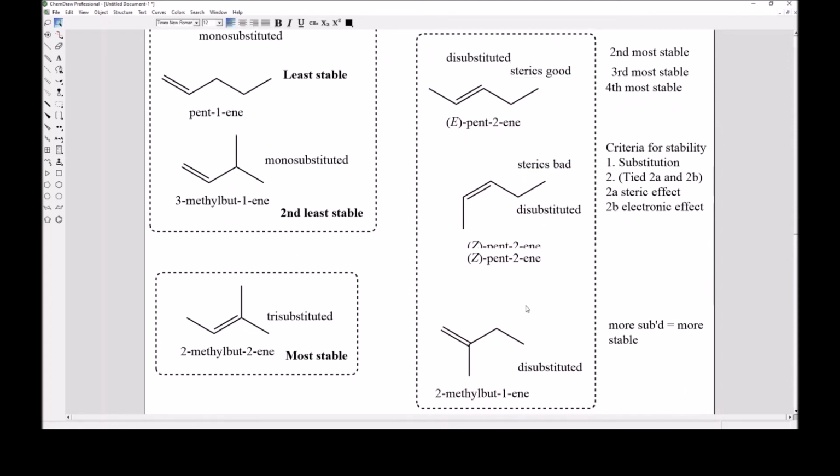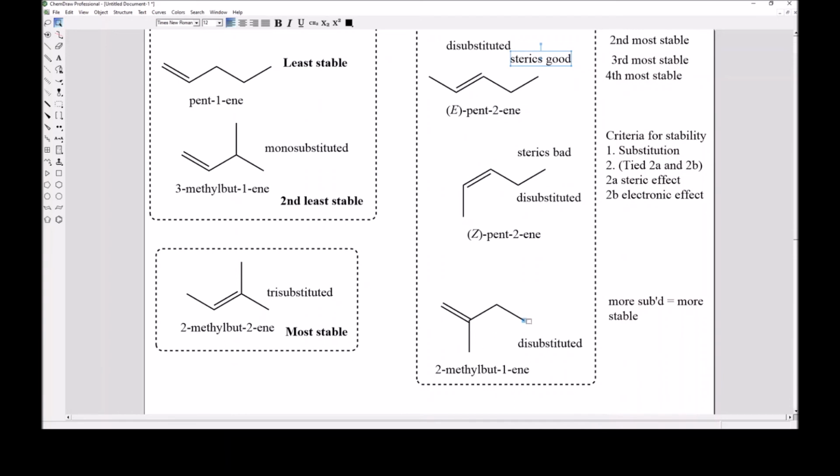Over here, what we end up with is actually sterics are good. They're not great, but they're good enough, because both of the groups are coming off of the same carbon, so we don't worry about them bumping into each other. It's only when they're on opposite sides of the double bond that we start to see steric problems.